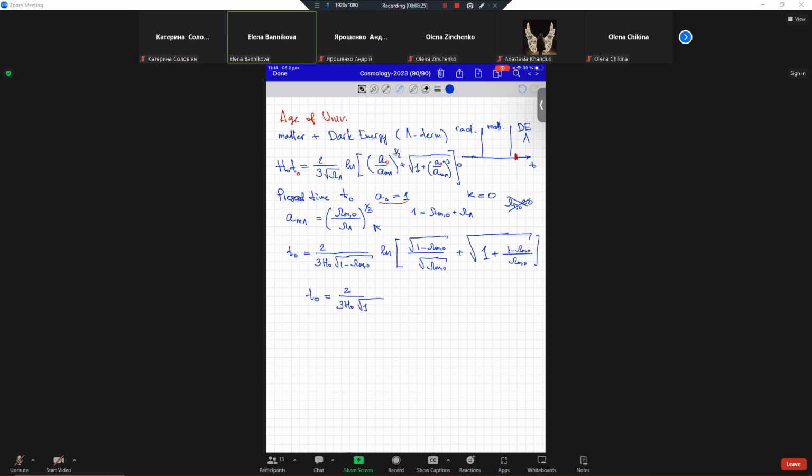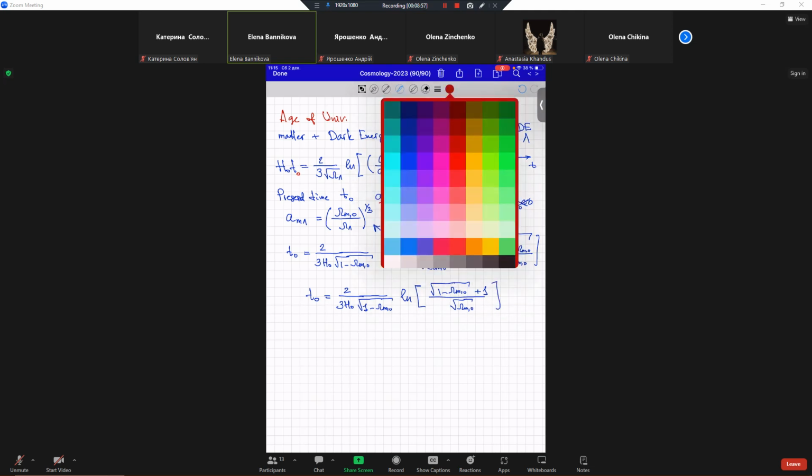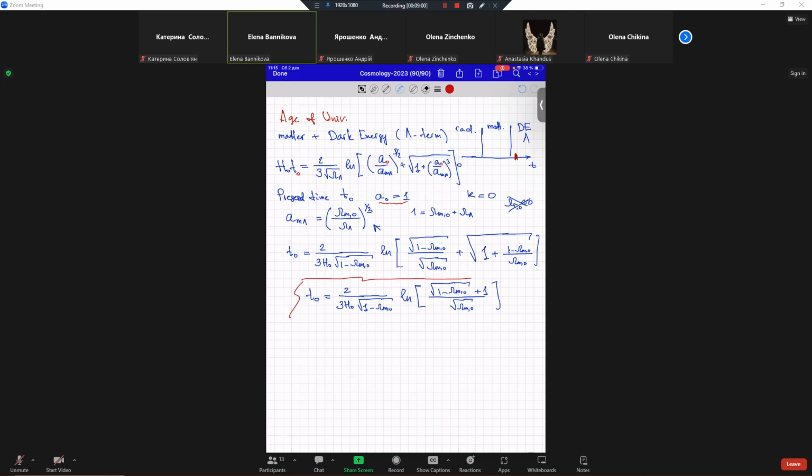It will be 1 minus omega m0 times the logarithm of square root of 1 minus omega m0 plus 1, divided by omega m0. So this is the final expression to estimate the age of the universe.